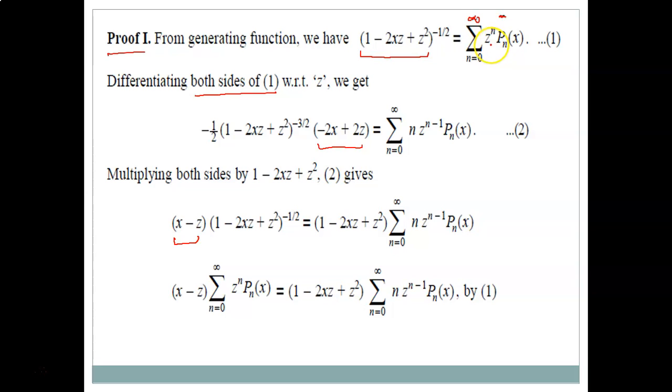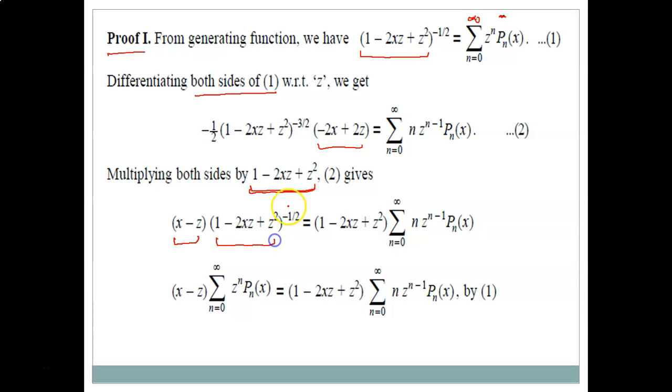In the right hand side, when differentiating with respect to z, it gives n z raised to power n minus 1 Pn(x). Now we want to reduce this term to Pn. How do we do that? We just multiply both sides with this term. Minus 3 by 2 plus 1 gives minus 1 by 2.